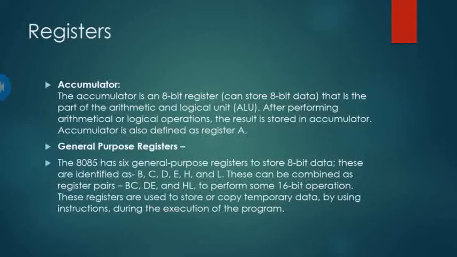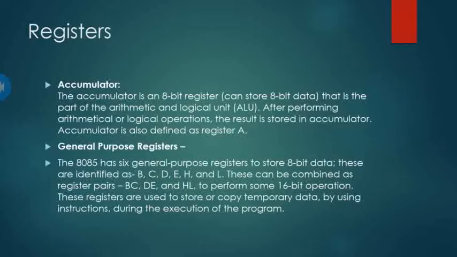I hope it is clear to you, because the accumulator is one of the important registers. It is the processor register. It is used to perform all the processing, and the result will be stored back in the accumulator.